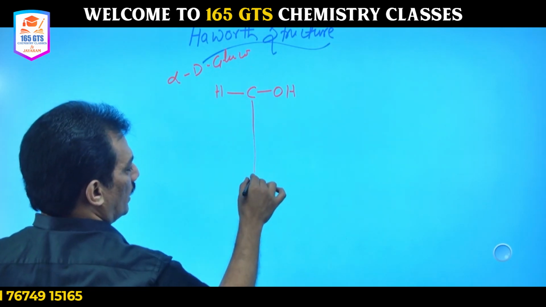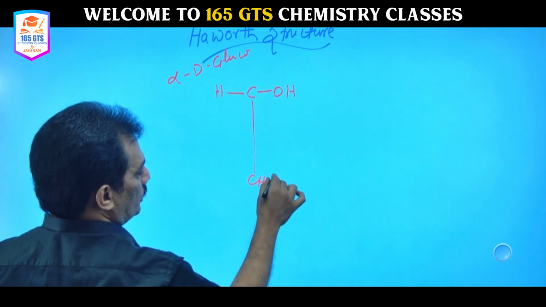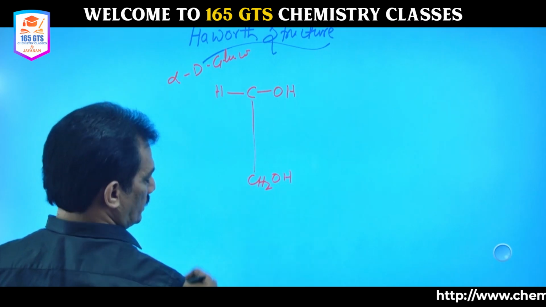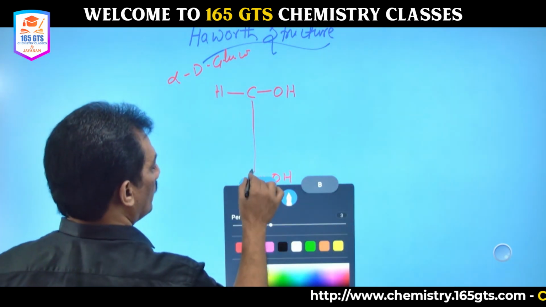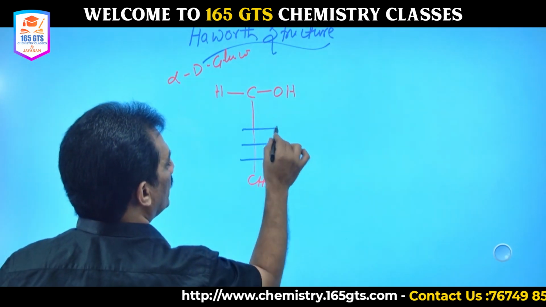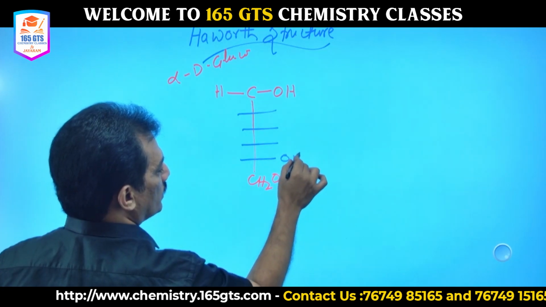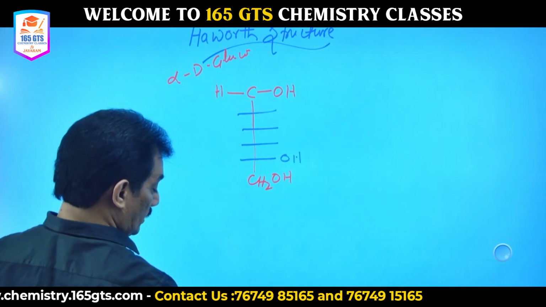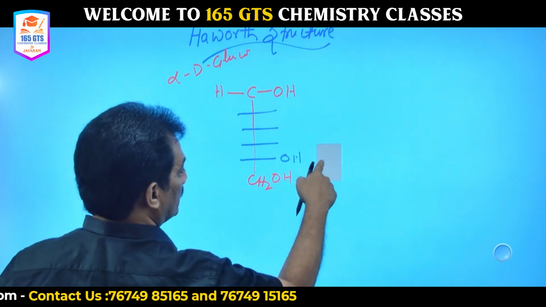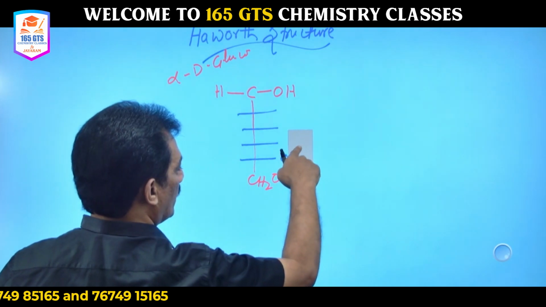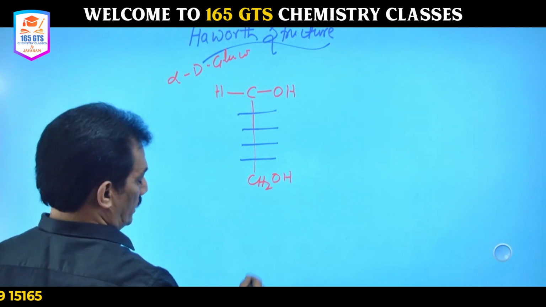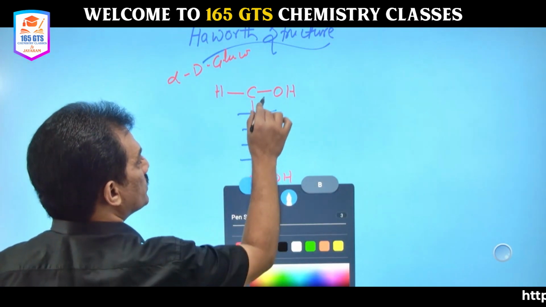It is like this. CH2OH, and the remaining four carbons have OH on this side, not on this. This OH is attacked. That's why it is now in a cyclic semi-acetal condition.